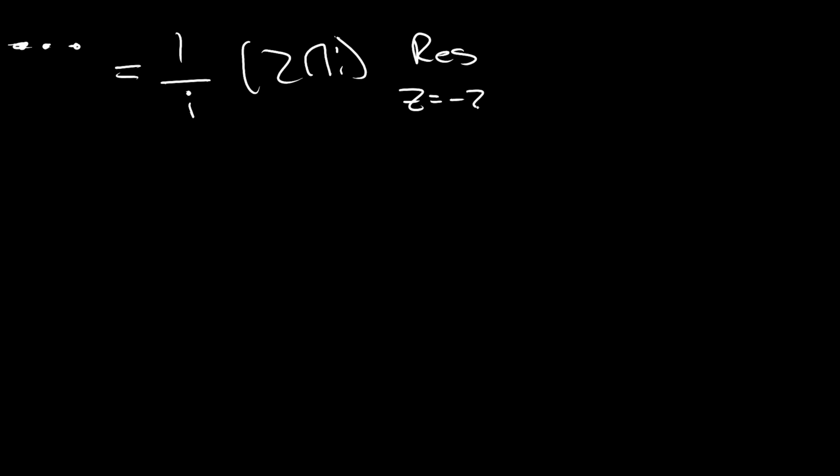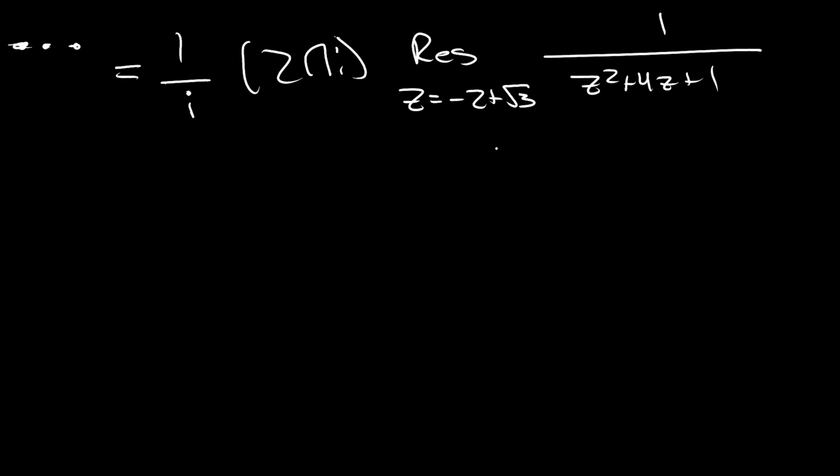Okay, and so now we can evaluate this with Cauchy's residue theorem. So we have that 1 on i, can't forget about that, times 2 pi i times the residue at z equals -2 plus root 3 of 1 divided by z squared plus 4z plus 1.